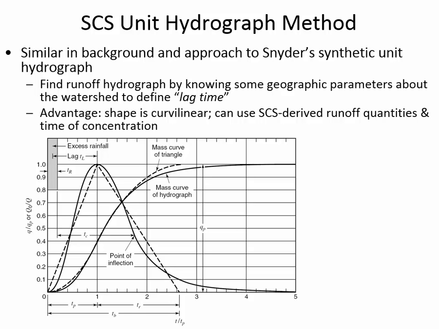That's not hours, but rather it's scaled to the time to peak, T sub P. So what it's saying is if it takes 2 hours to get to the time of peak, then here you are at 2 hours, and then 2 times 2 is 4, 2 times 3 is 6. So not only is the vertical unit scaled to the quantity of the unit hydrograph, but also in this SCS unit hydrograph they're scaling the x-axis as well relative to the time to peak.